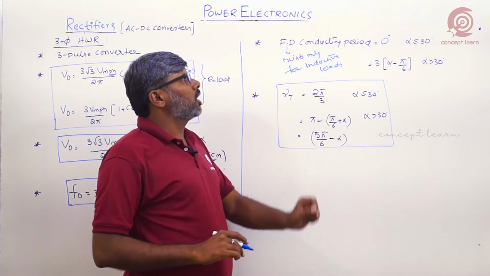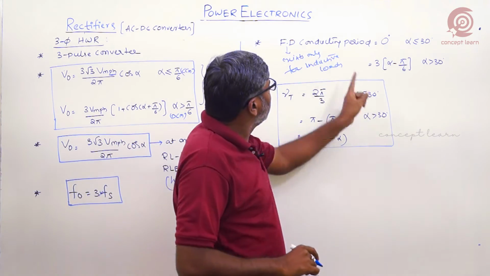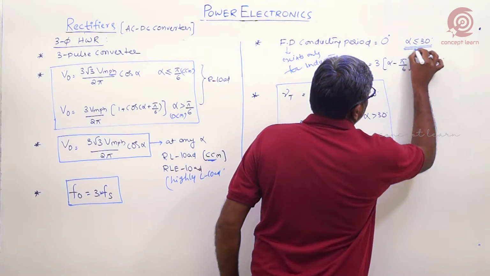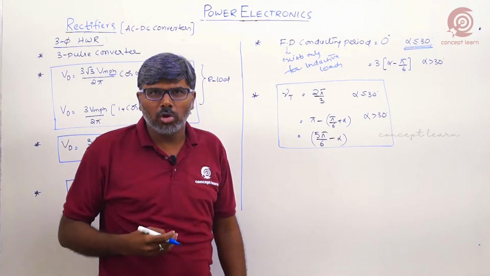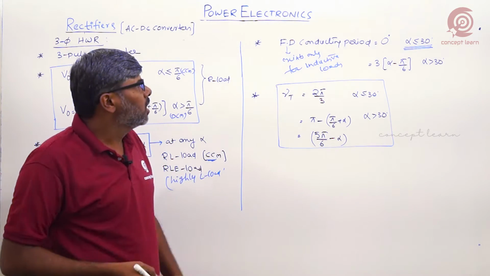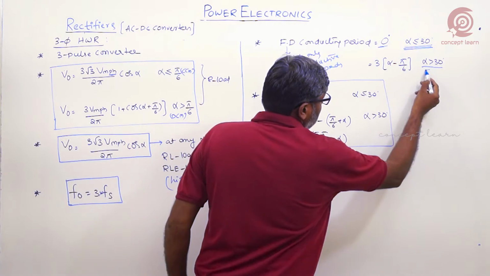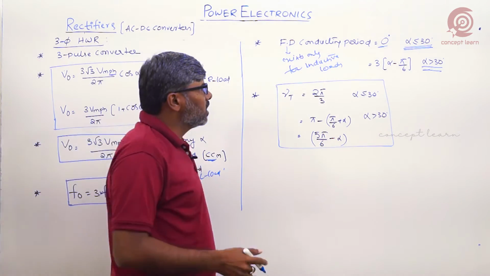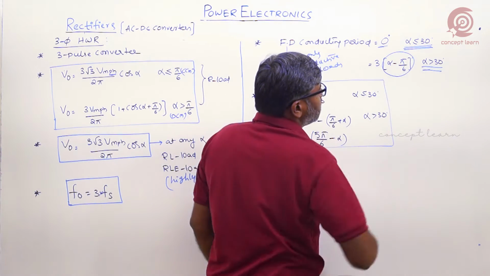So when you come to the inductive loads, what is the conducting period of the freewheeling diode? The freewheeling diode conducting period is 0 when alpha is less than or equal to 30. We know that when alpha is less than or equal to 30, we always get continuous conduction mode by the circuit nature. That is why the freewheeling diode does not conduct. If alpha is greater than 30 degrees, now the freewheeling diode conducts, that is alpha minus 30 degrees.